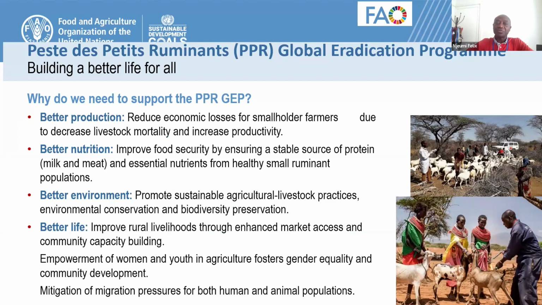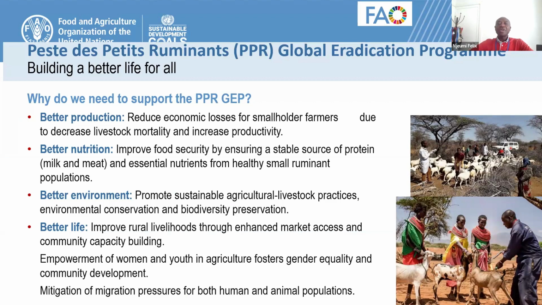As I was saying, it's also better nutrition because it improves food security by ensuring a stable source of protein. It could be milk, it could be meat, and essential nutrients from a healthy small ruminant population. The 3rd one is also better environment, promoting sustainable agricultural livestock practices, environmental conservation, and biodiversity preservation.